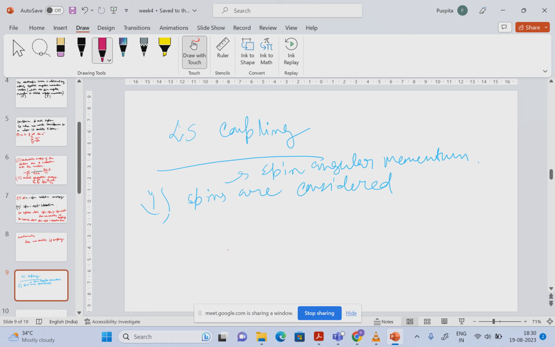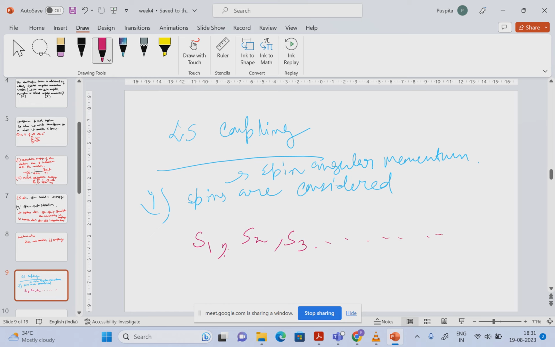So S1 and S2 from the electronic configuration, S1, S2, S3, and so on, are considered and added.